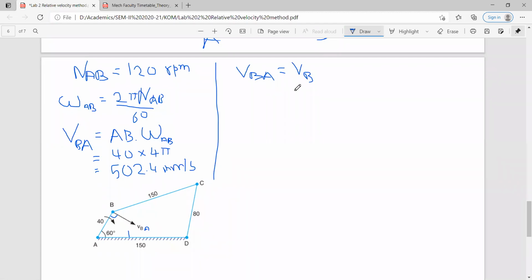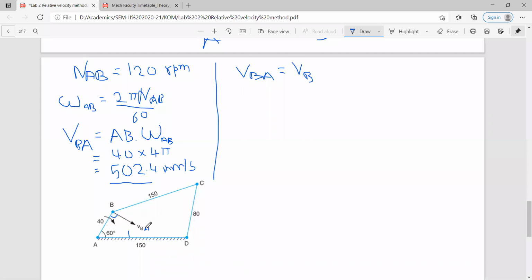That's why it is possible to write like this: velocity of B with respect to A is equal to VB, in case A is the fixed point. Okay. If A is not the fixed point, then these two will not be equal. You cannot write that like this.